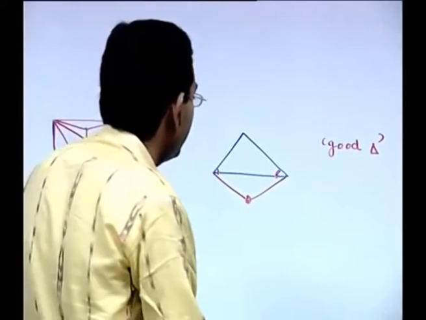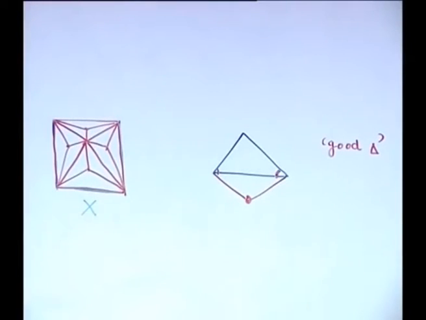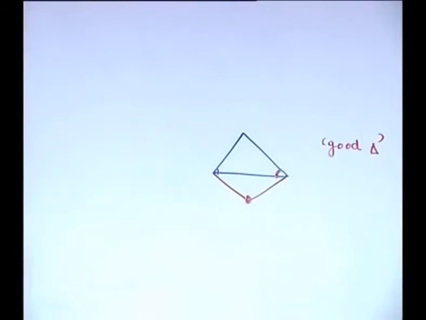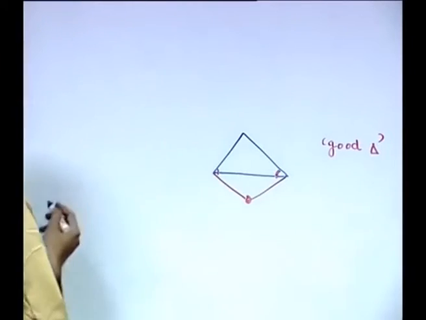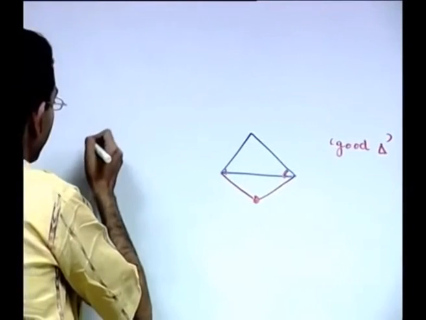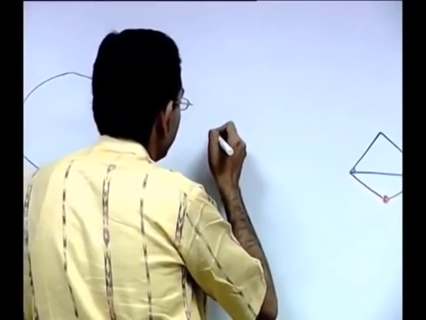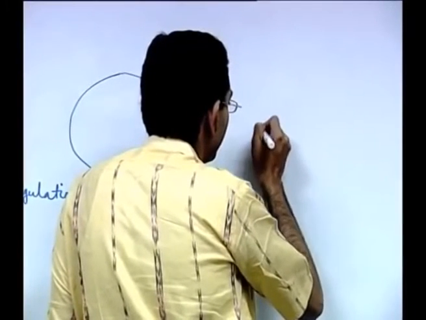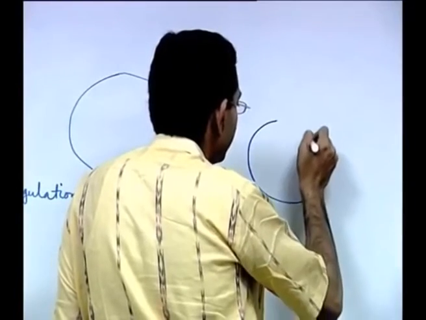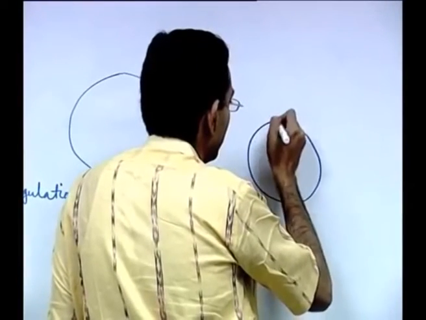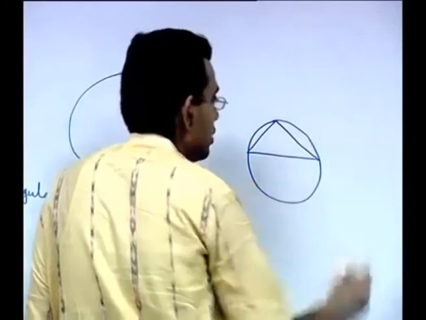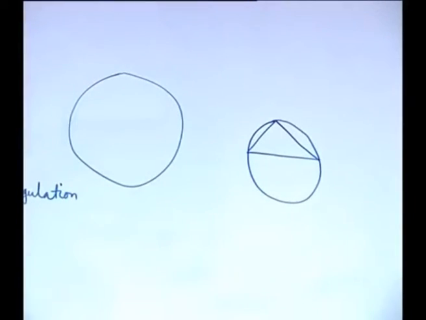To do that, one possible check is like this. You consider a circle which is the circumcircle of the original triangle.